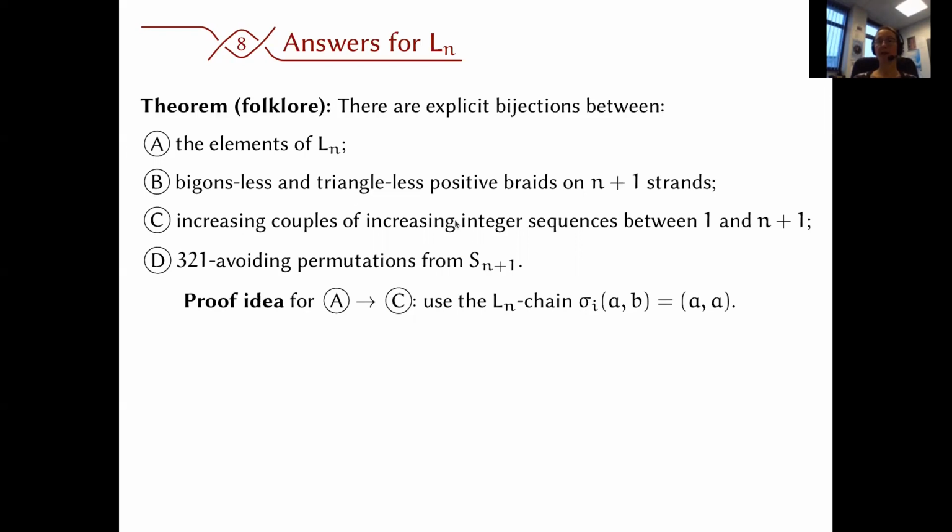So any web you obtain by Reidemeister moves and triangle killing will look the same, because if you apply this representation to it, it will have the same colors upstairs.